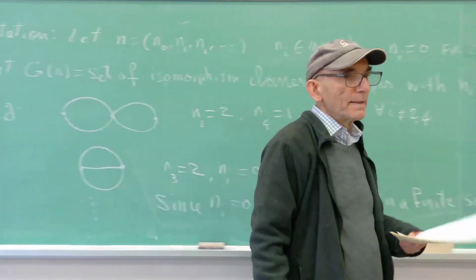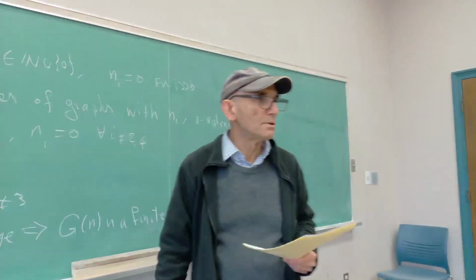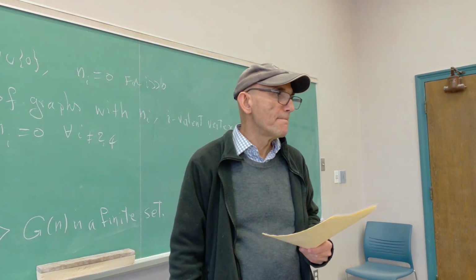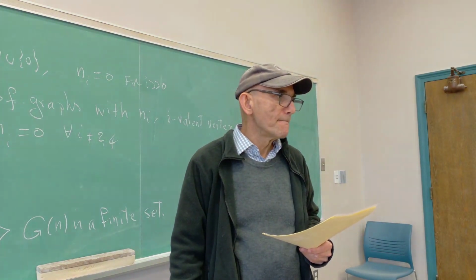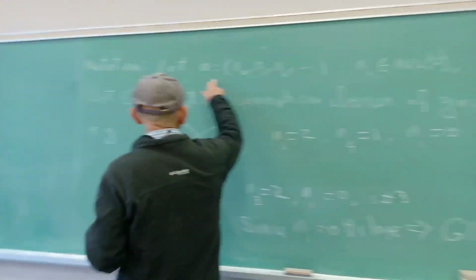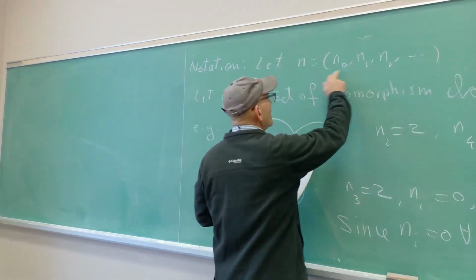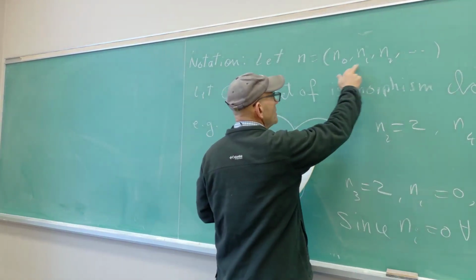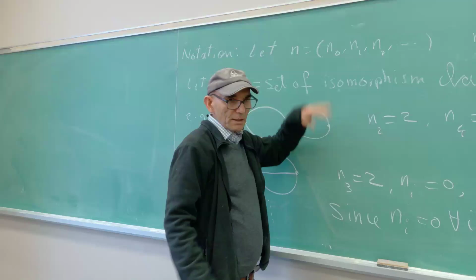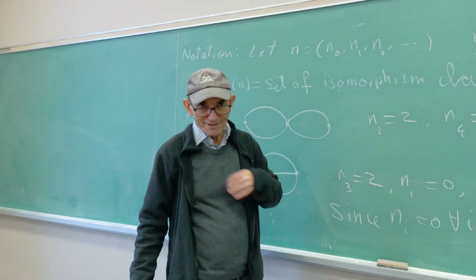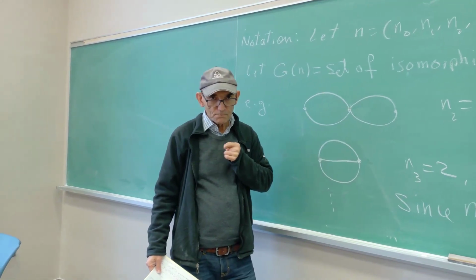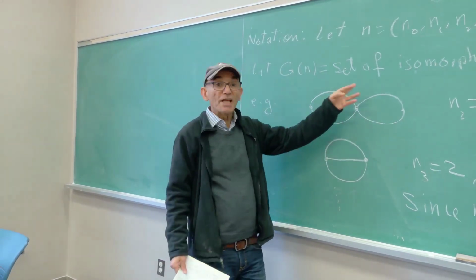So if we define n such that n_i is non-zero for only finitely many i's, then G of n would be an infinite set. No, exactly. No, that's the opposite. I mean, I'm saying n is a multi-index such that all of them are zero, except for a finite number. This implies that G_n is actually finite. Yeah, but then we can take as big of this finite number as possible, right? No, then you're changing n.